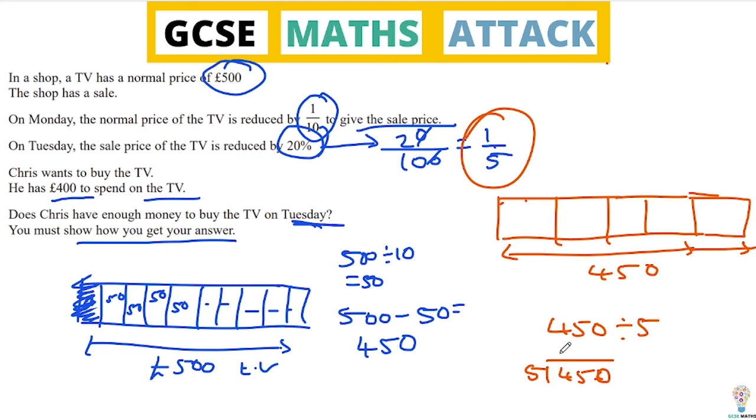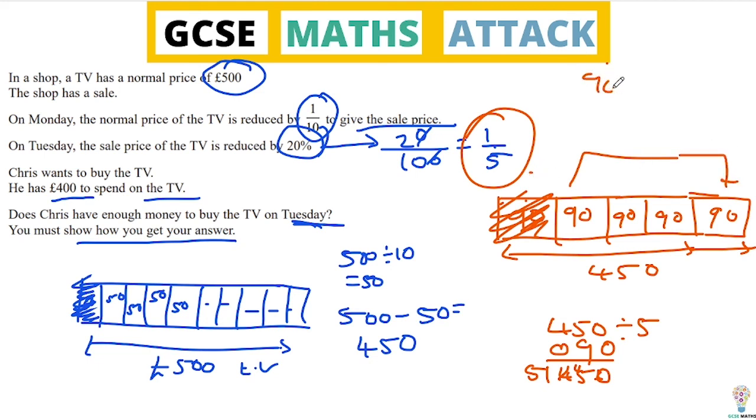5 into 4 is 0. 5 into 45 is 9. And 5 into 0 is 0. So each piece is worth 90. And I'm told that 1/5 is going to get knocked out. So what's this value?